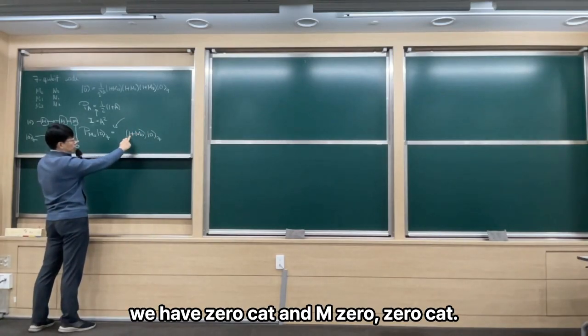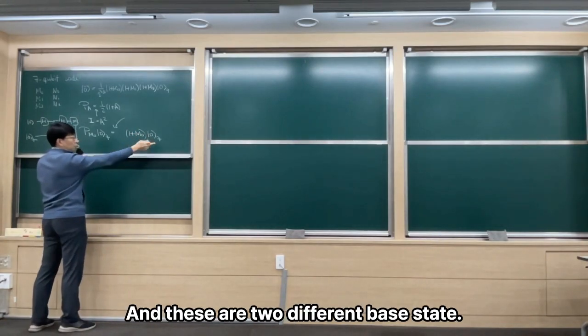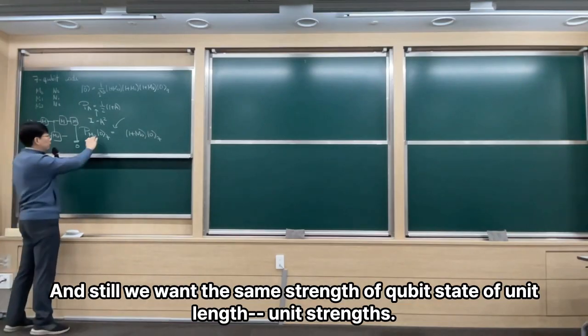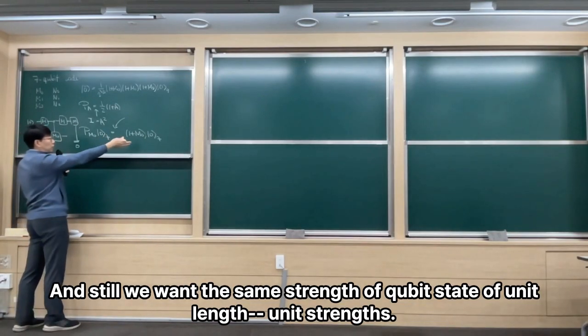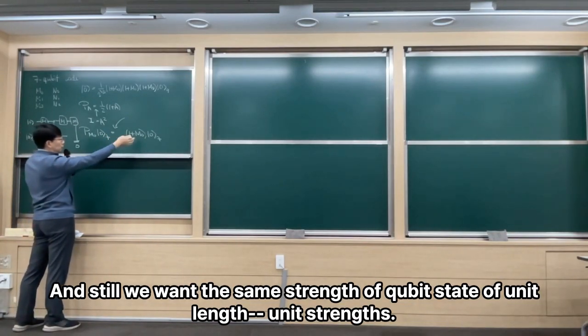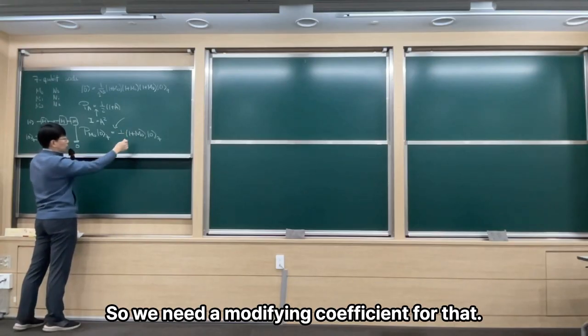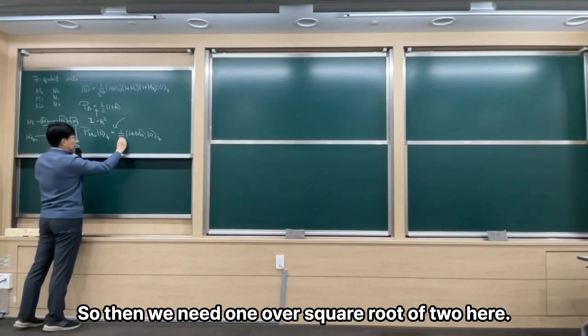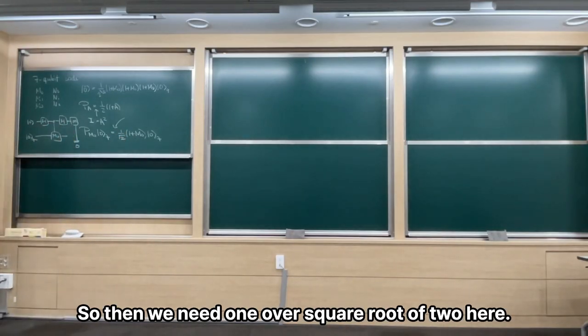We have 0 ket and M0 0 ket, and these are 2 different base states. We still want the same strength, qubit states of unit length, so we need a modifying coefficient for that. So then we need 1/√2 here.